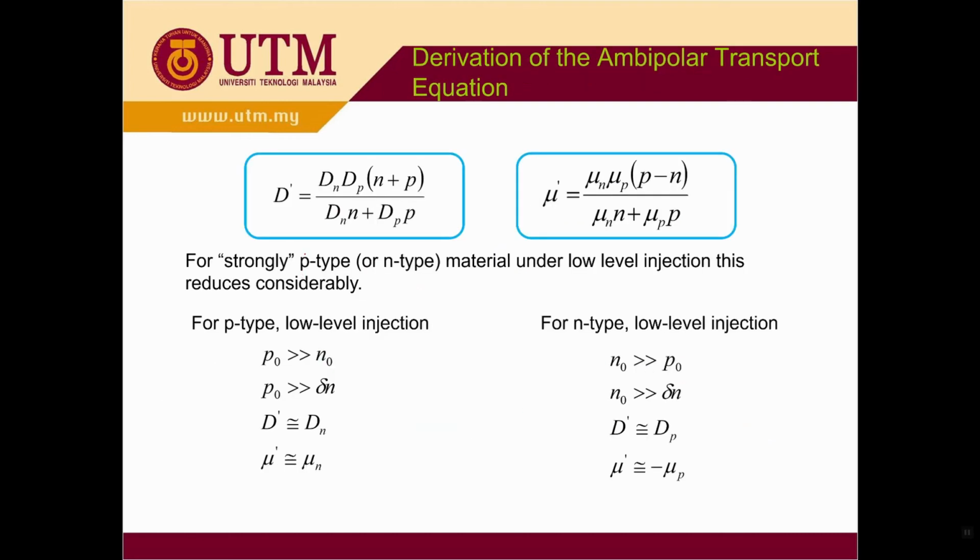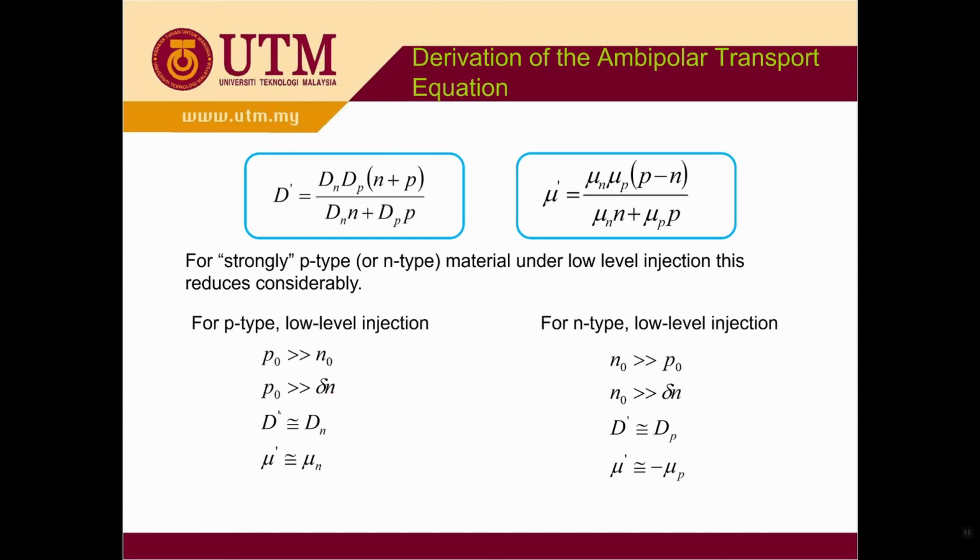So for a strongly p-type or n-type material under low-level injection, we can still simplify or reduce the component here. For a p-type semiconductor with the low-level injection assumption, we can say that the hole concentration is larger than the excess electron concentration.